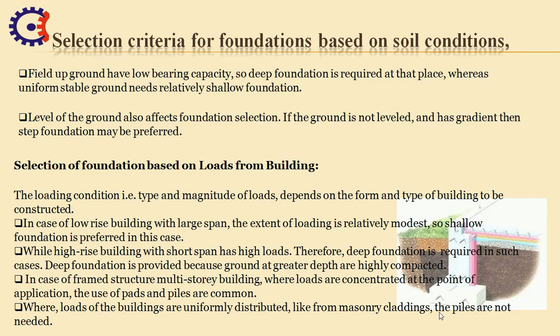In the second type, like uniform firm and stiff clay, there are three cases. Case one is where the foundation is not close to vegetation, or existing vegetation is not important.